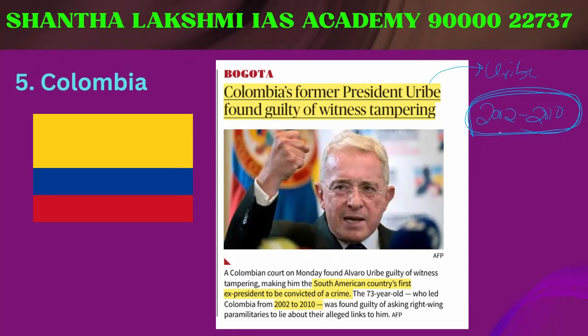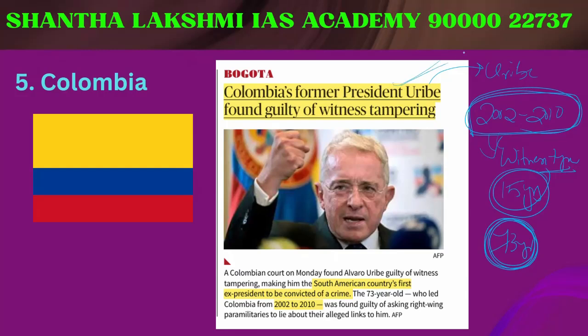And then he was accused of witness tampering, and after 15 years, he was found guilty of asking right-wing paramilitaries to lie about their alleged links to him. So after 15 years, now he is 73 years old. Now he is found guilty and facing action. And he is the first South American country's ex-president to be convicted of a crime.